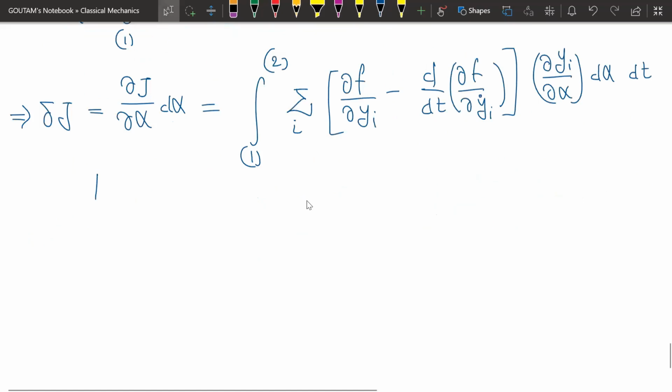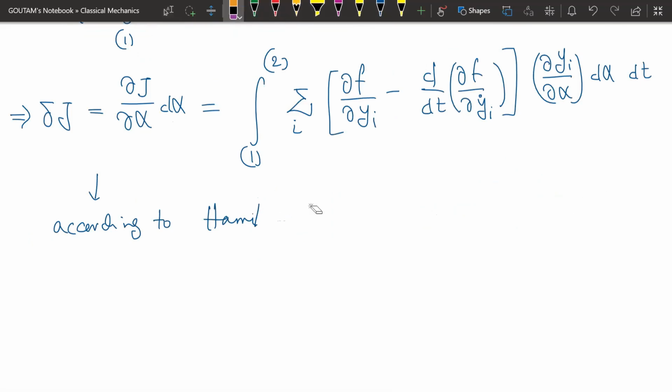So now, according to Hamilton's principle, let's write it clearly.